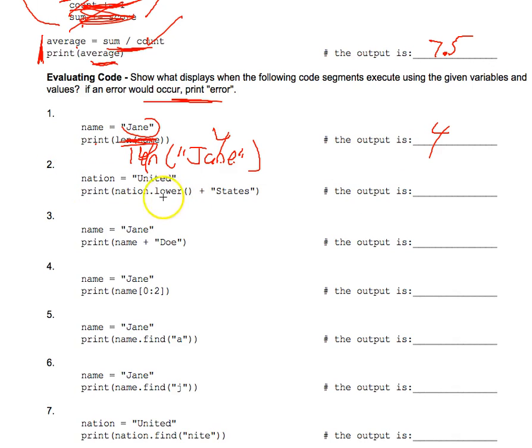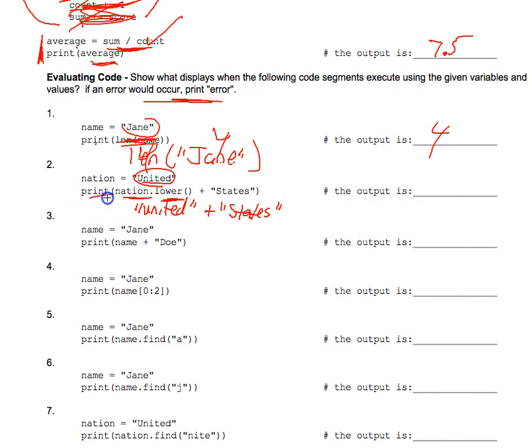Number 2, work from inside the parentheses out. The lower method takes, in this case, nation, which is the word United, and it makes it all lowercase. So the U is now lowercase, and this plus means string concatenation. So we're concatenating 2 strings together, joining the word united with the word States. There's no space here.